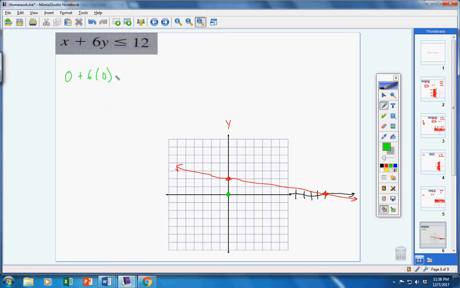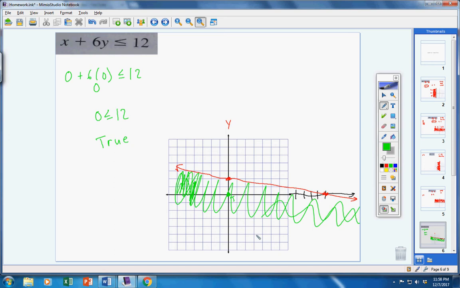Where y is, I put a 0. 6 times 0 is 0. 0 plus 0 is 0. 0 is less than 12. That is true. So we shade where that true point is, like this. Alright? So there we go.